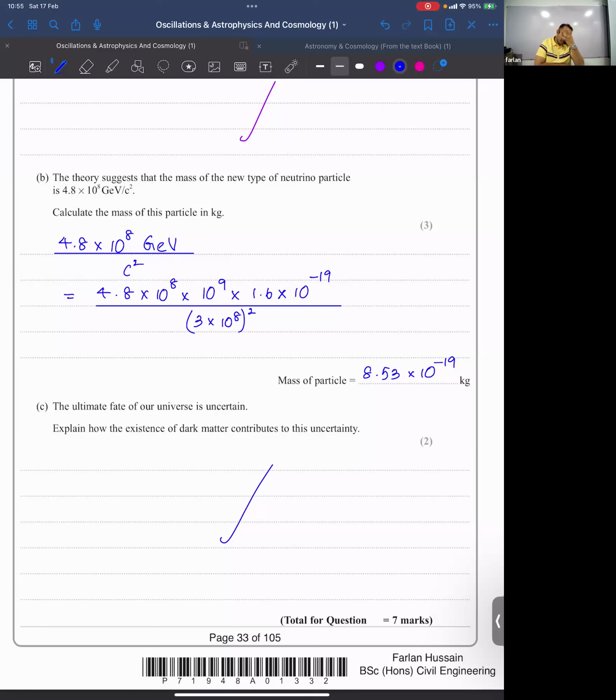So the ultimate fate of the universe is uncertain. Okay, 2 marker, that is enough.